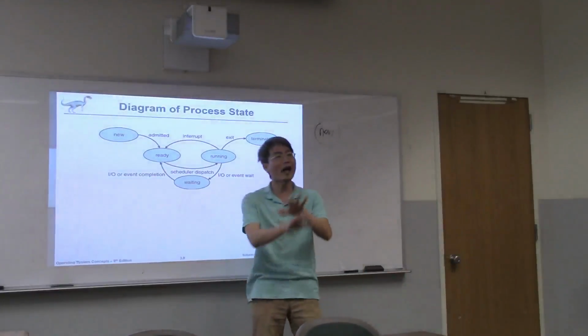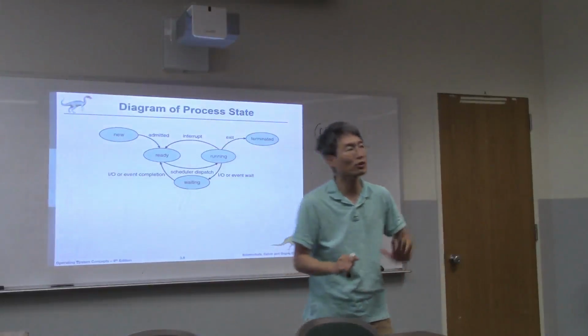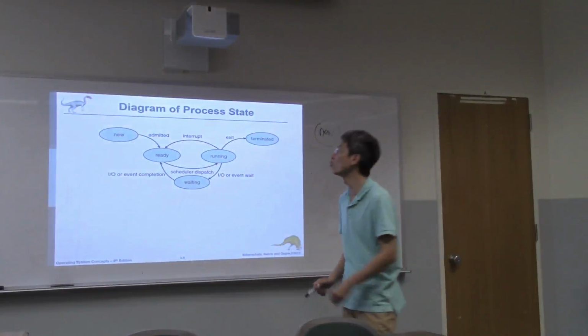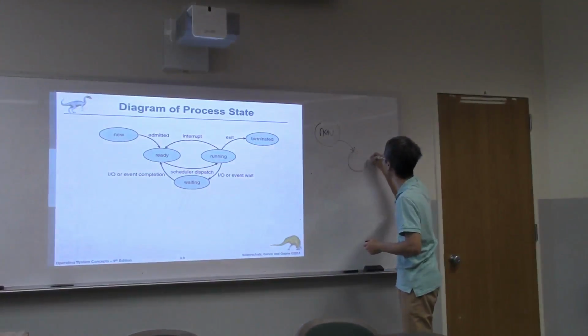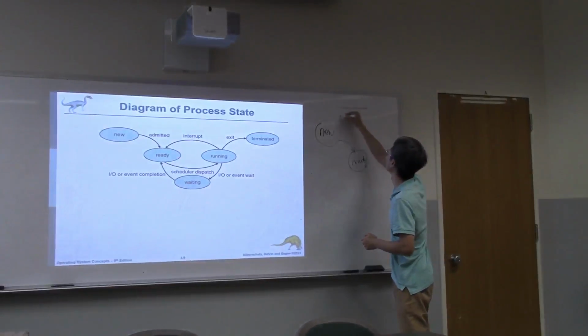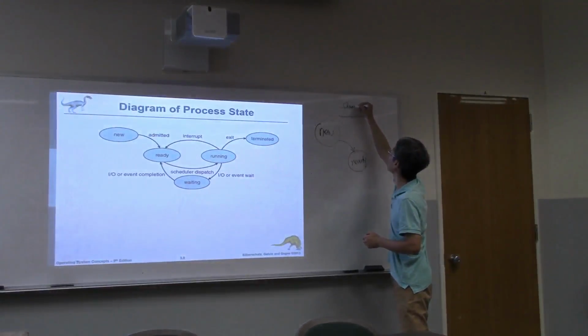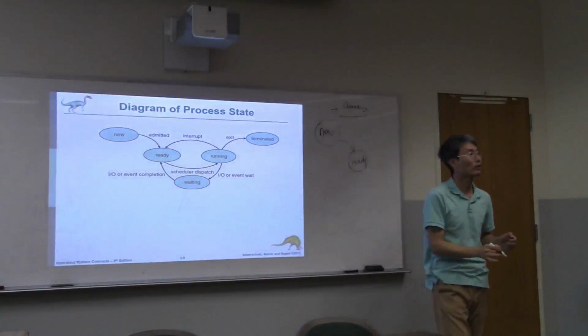Then, if everything is ready to ask for the CPU resource or other computer resources, it will move to the ready queue. There is a queue. What is a queue? It's first in, first out, right?